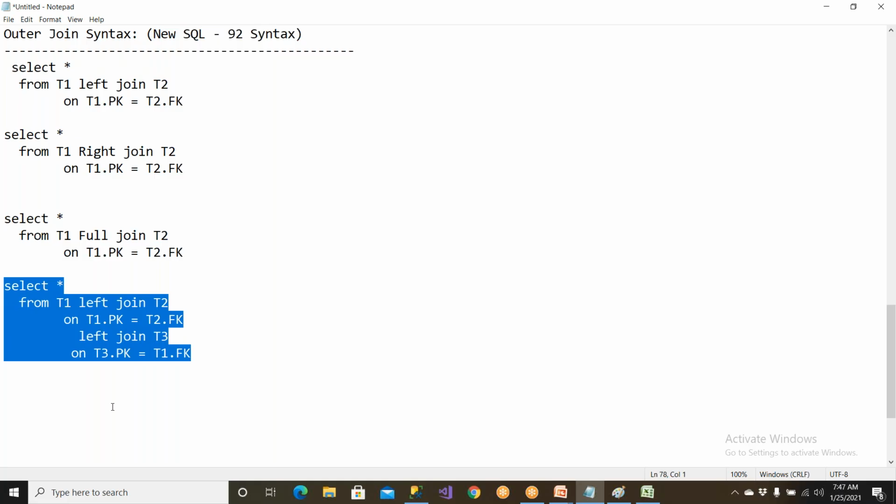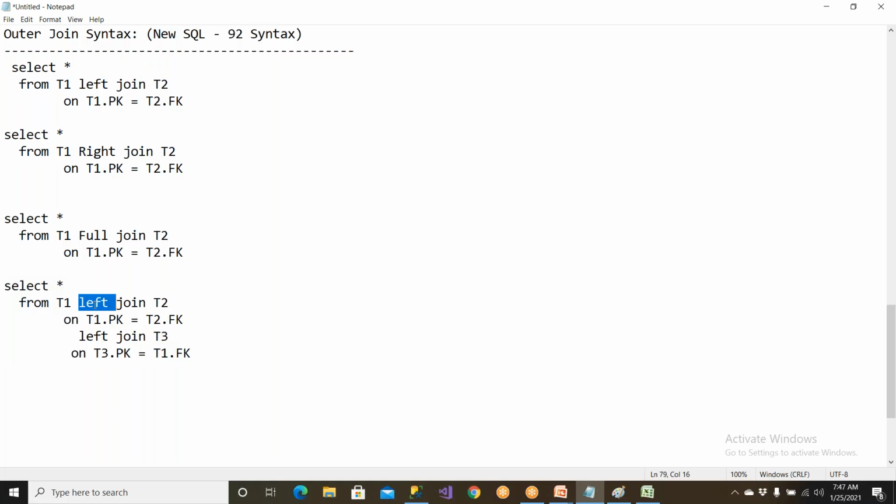Clear? So like that, you should be able to write. Or you can say this will be left, and I wanted to use simply join, or you can say inner join. That is also available. So you will get matched and unmatched data here, plus whatever data you got from that table, and you see again the completely matching data with this T3 table. Clear? So that is the meaning of this statement.